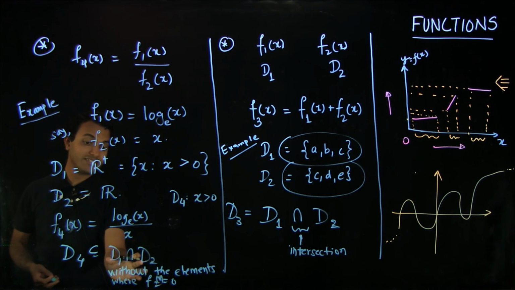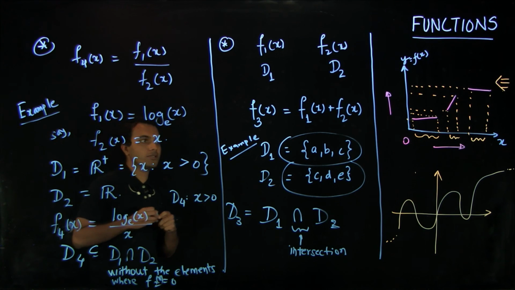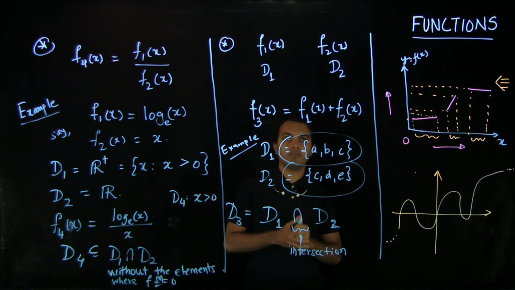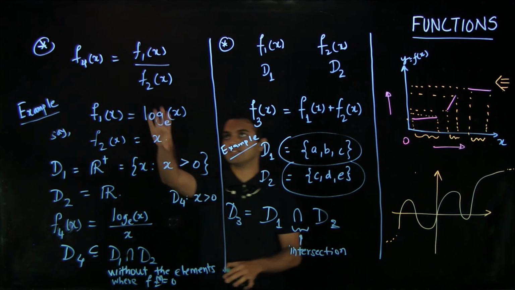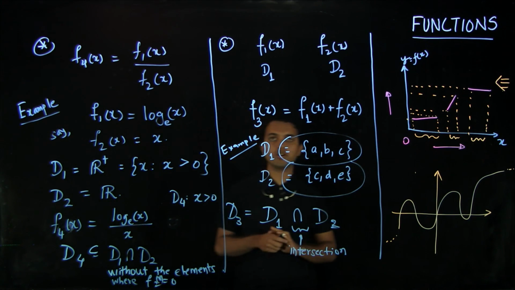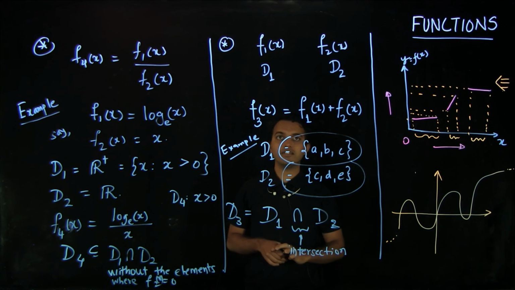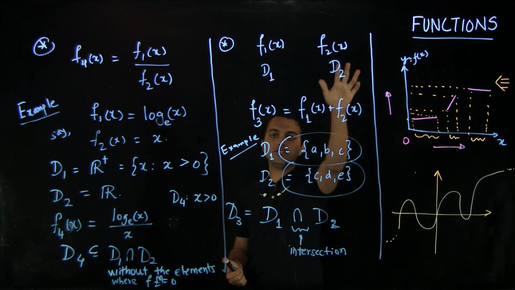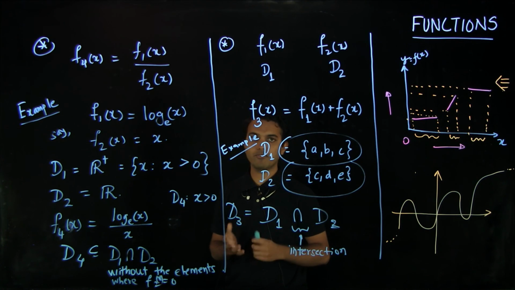So D4 is essentially D1 intersection D2. So here we saw two simple operations on functions. One was the addition operation and one was the division operation. And here we saw that the function wasn't defined explicitly, but it was just given in terms of symbols, and from there we tried to take some examples and come up with what happens to the domain for these functions.